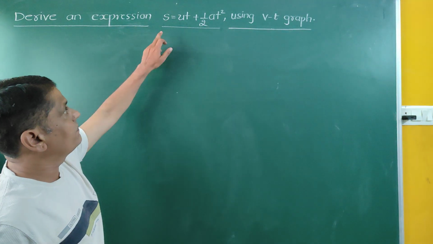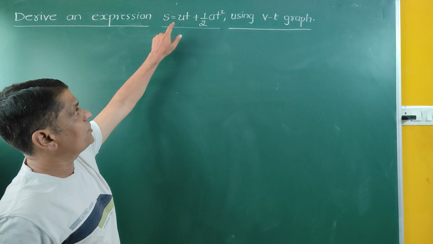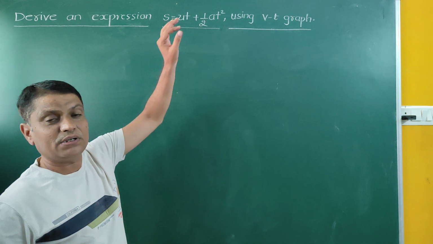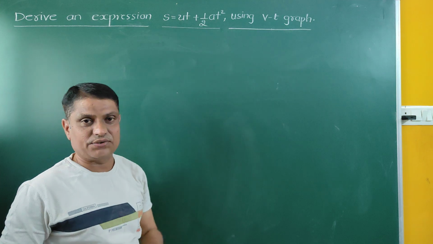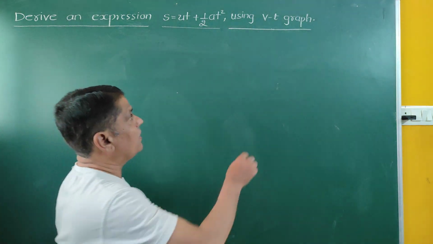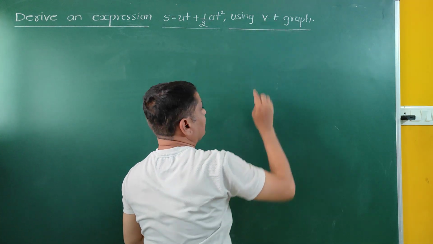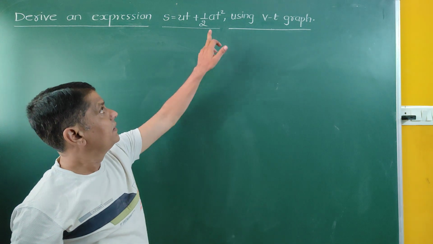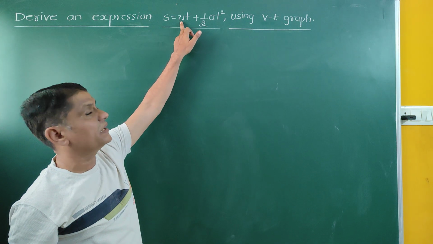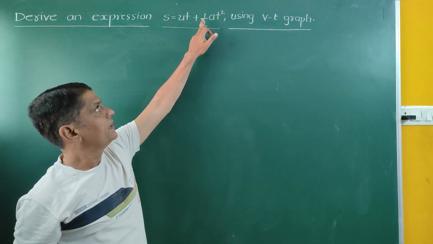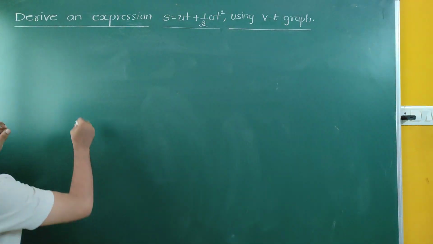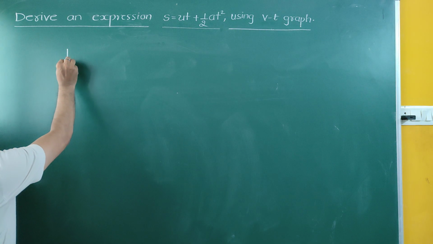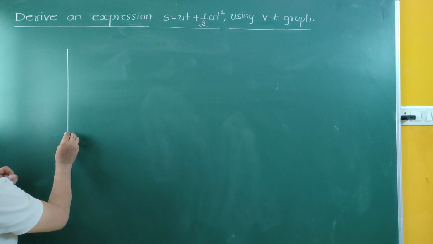Since in this derivation they have mentioned initial velocity and acceleration, today we have to draw the VT graph of a body traveling with initial velocity u at constant acceleration a. So as we have seen, this is our VT graph.